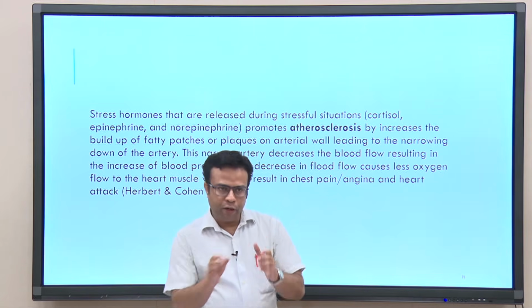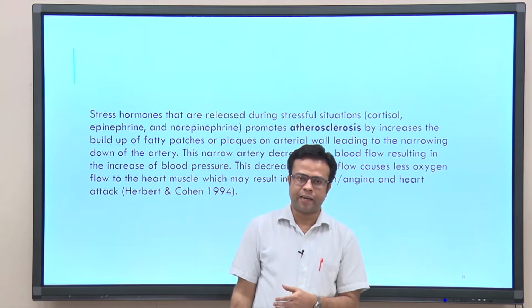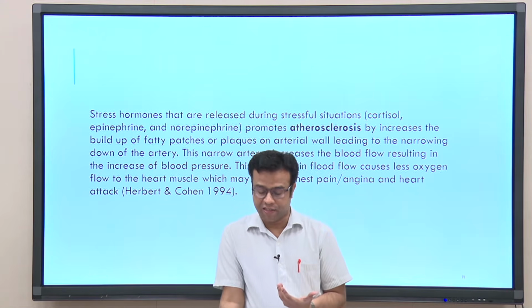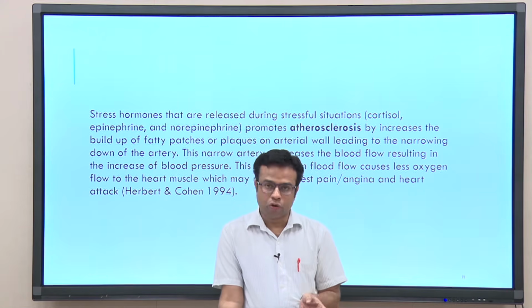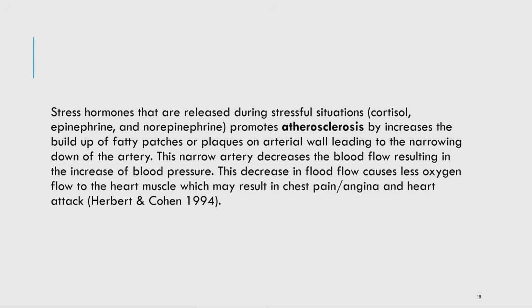Another way by which stress is connected to heart diseases is through stress hormones which are released during stressful situations. So, this cortisol, epinephrine, norepinephrine. So, these are stress hormones. Now, research has shown that these stress hormones actually promote atherosclerosis.